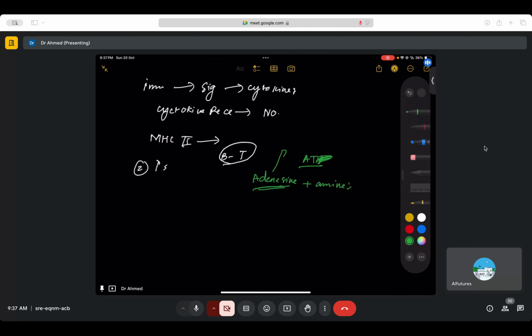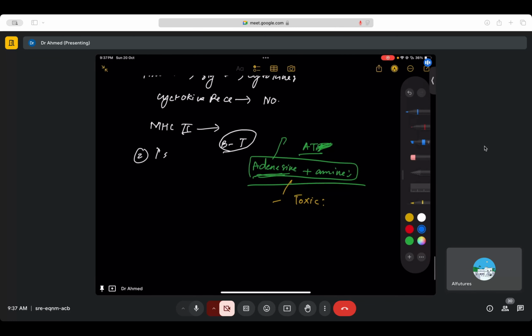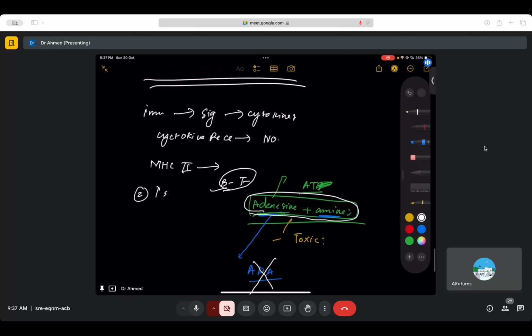I'm just making it very simple. Whenever they combine with one another, they are very toxic for your cell. But inside our body, there is an enzyme which does not allow adenosine to bind to amines. That is ADA, adenosine deaminase. If I have a deficiency of adenosine deaminase, adenosine and amines are going to combine and destroy your B and T cells, right?